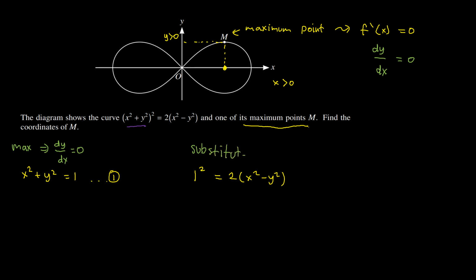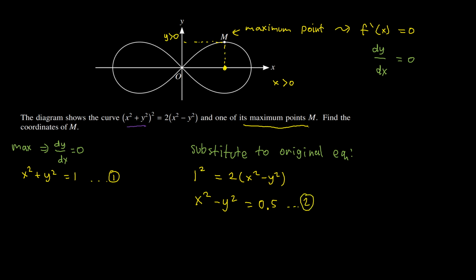So from here I can get x squared minus y squared is equal to 0.5. So let's have this as equation number 2.